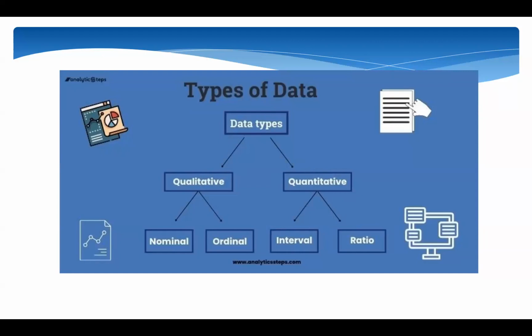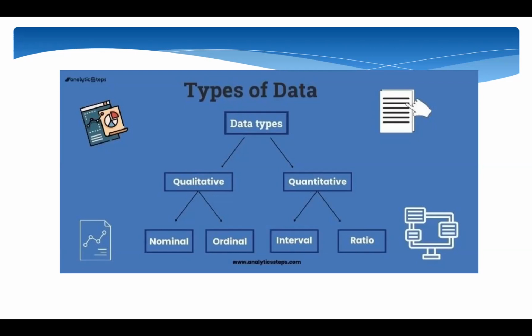Qualitative is something which is not measured in numbers, while quantitative is properly measured in numbers. But there are four different types of data which come under qualitative and quantitative. Under qualitative, we have nominal and ordinal data, and under quantitative, interval and ratio.